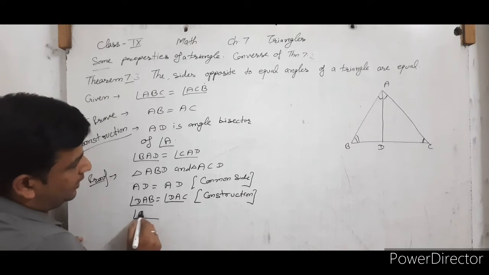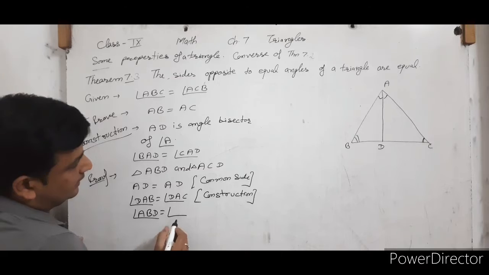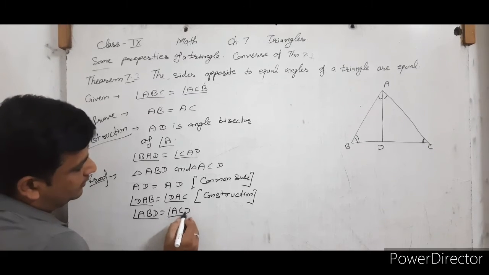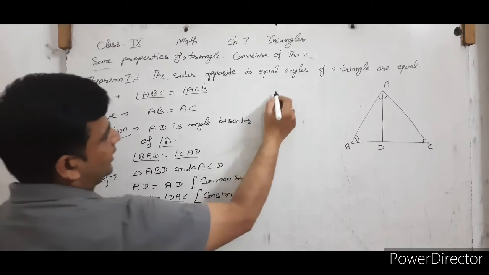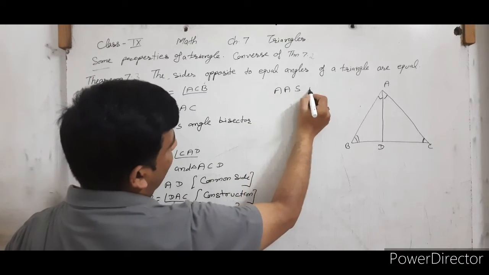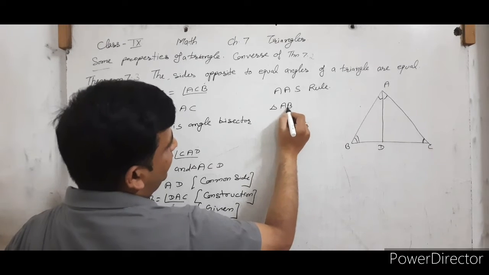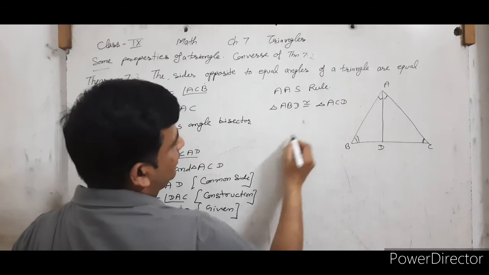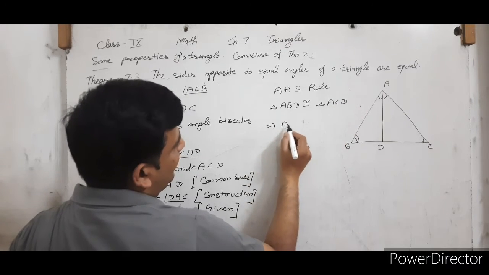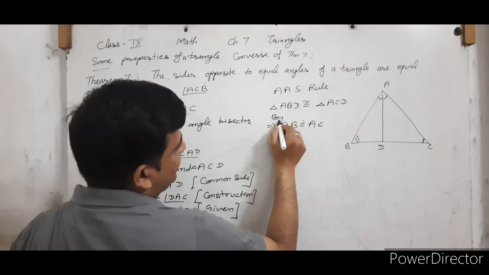And angle ABD is equal to angle ACD, it is given. So by AAS property or rule, triangle ABD is congruent to triangle ACD. That means AB is equal to AC by CPCT.